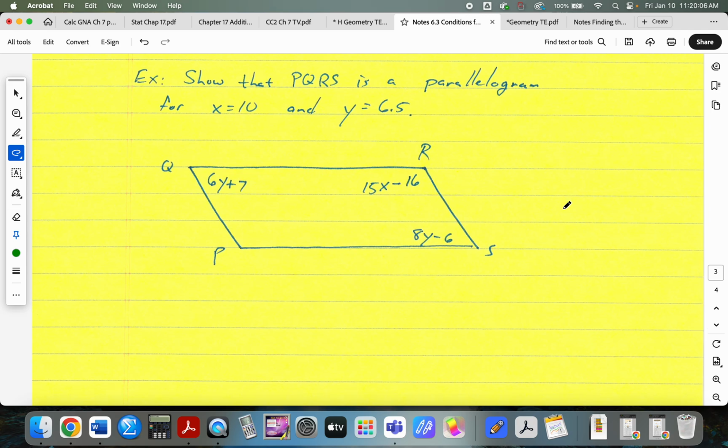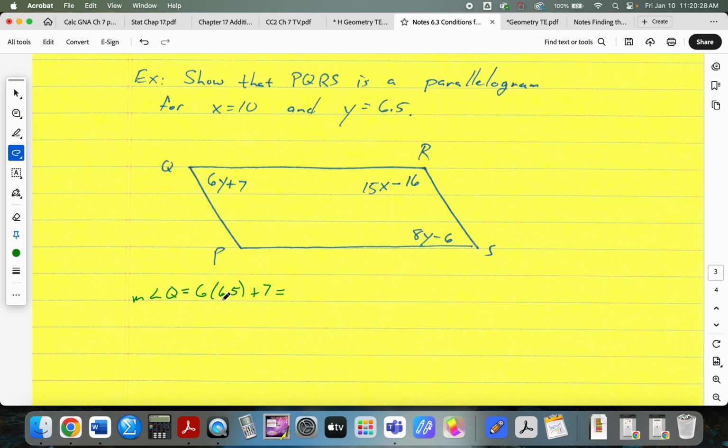So same sort of idea on this one. I did this one in particular because a lot of students do it wrong. They do it partly right, but partly wrong. All right, so the measure of angle Q is going to be 6 times 6.5 plus 7.